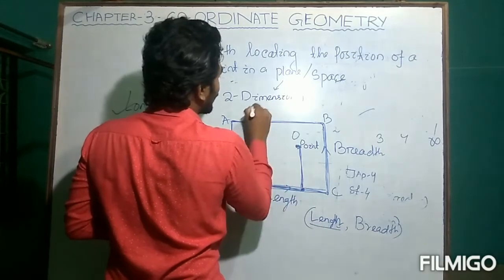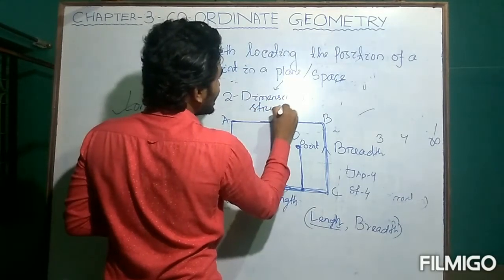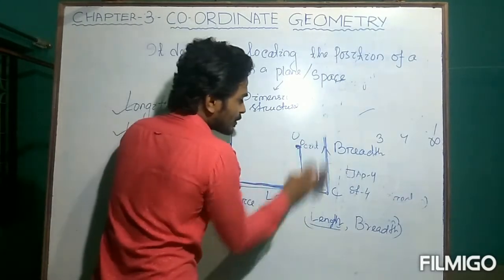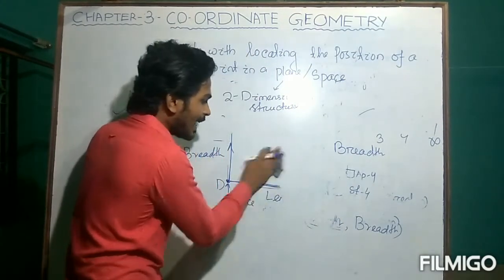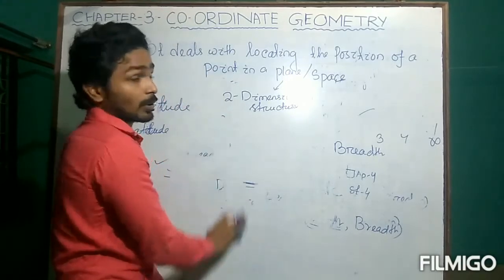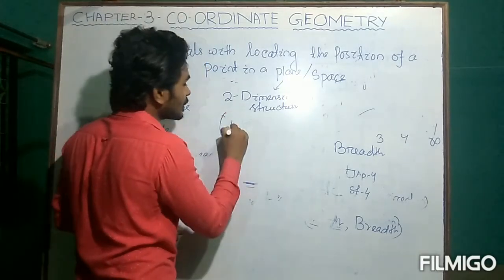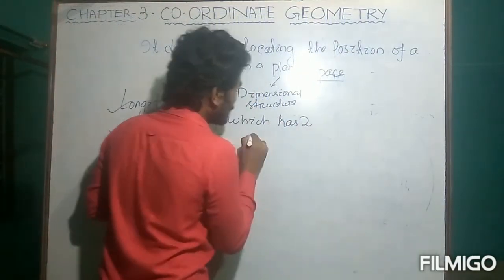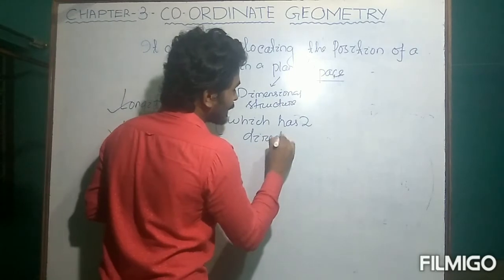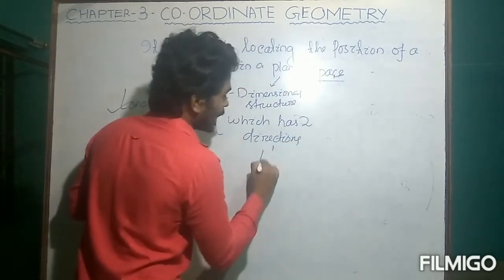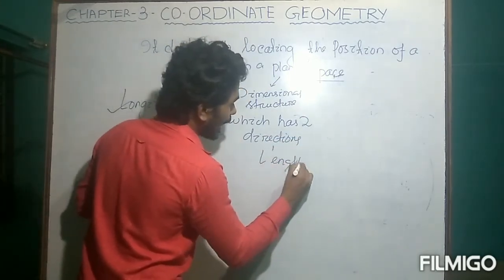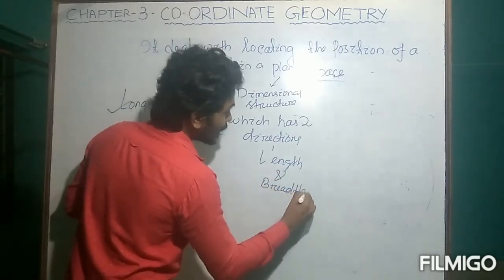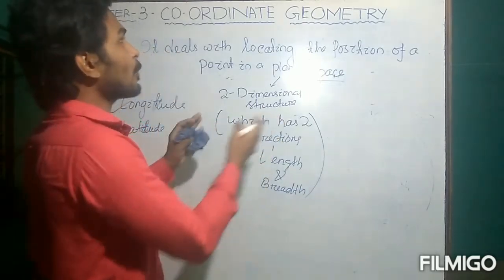Any structure which has length and breadth is known as a two-dimensional structure, which has two directions. What are the two directions? Length and breadth.